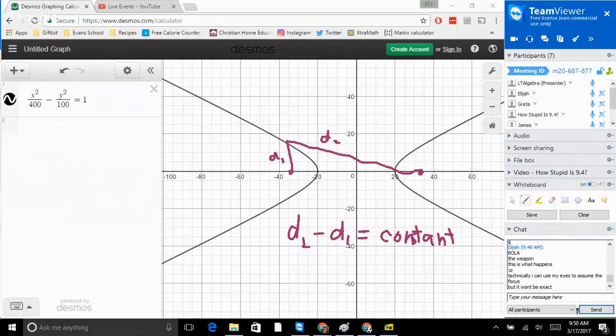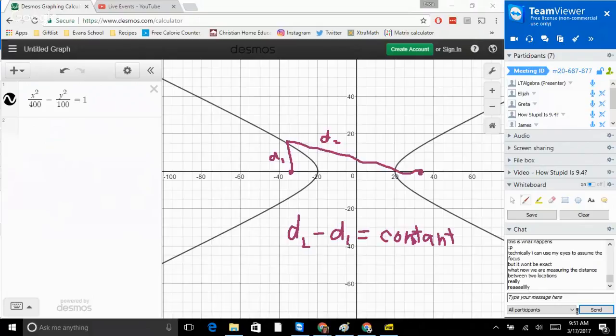Okay, so hyperbolas are kind of the opposite of ellipses, right? It's kind of the anti-ellipse. Ellipses are all coming in together and the focus points are together and you add the two distances from the focus point to the ellipse and they are constant.